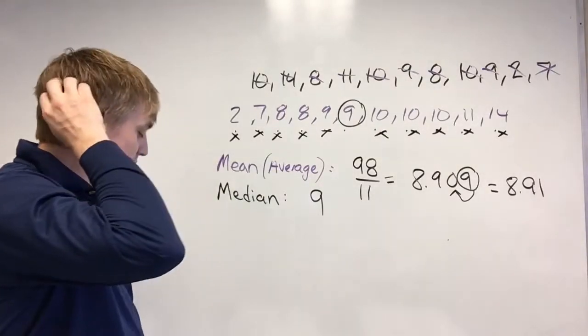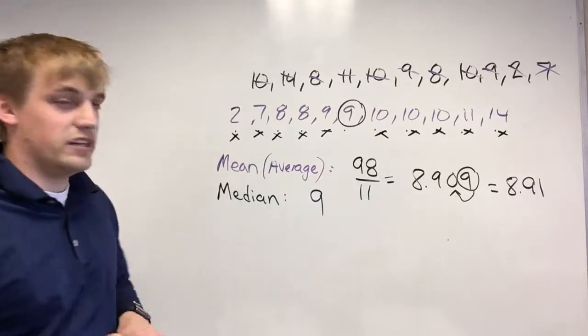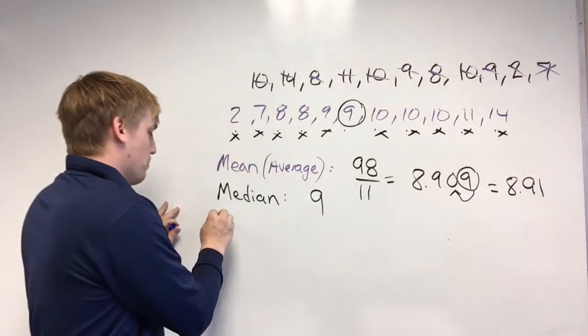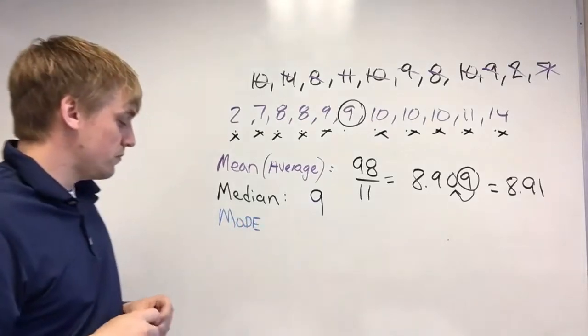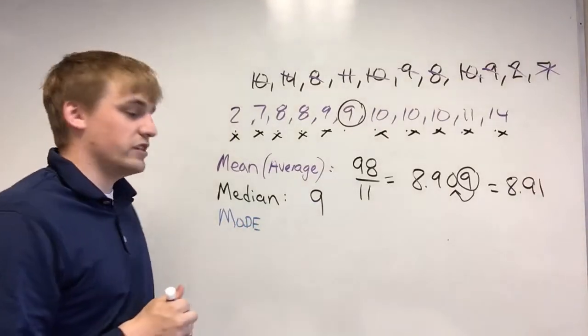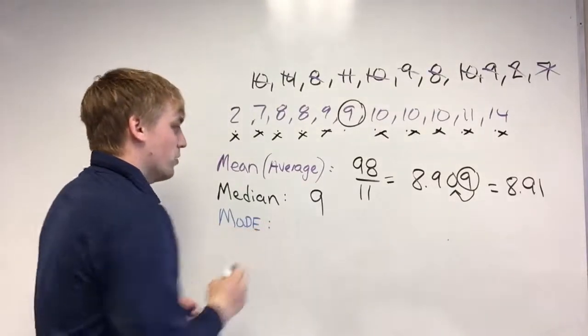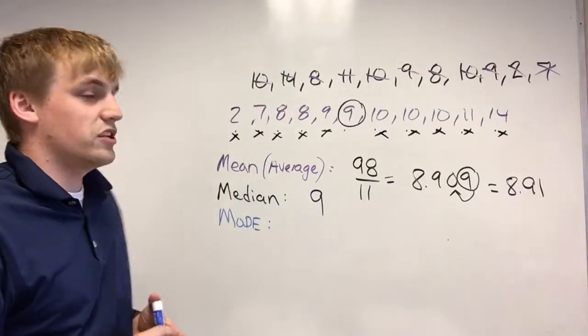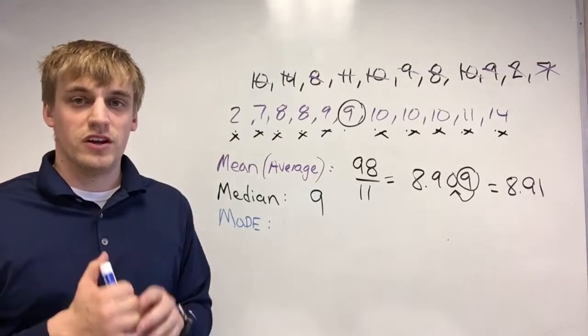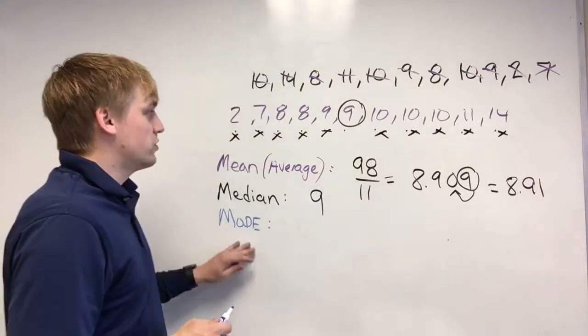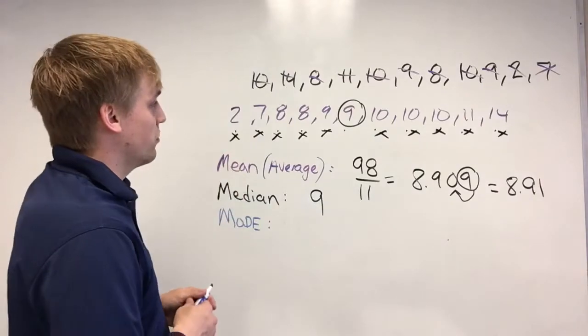The next measure of central tendency is called mode. Mode is the number that occurs most often. So we can easily look through and find the numbers.